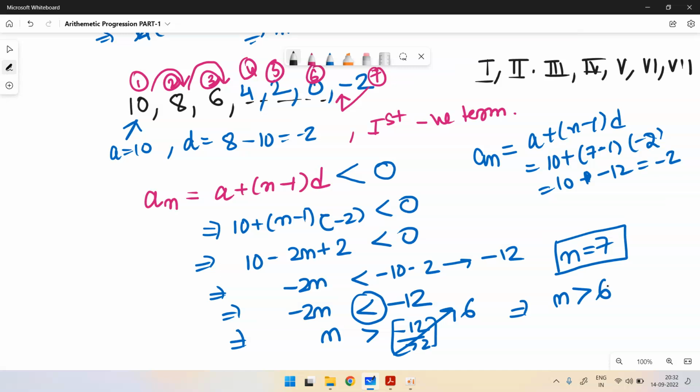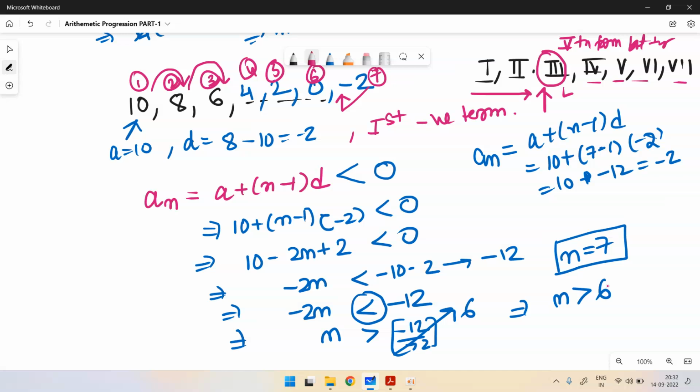Now what is the third term's position with respect to last? From the first it is the third position, and from the last, counting 1, 2, 3, 4, 5, it is the fifth position from the last term.